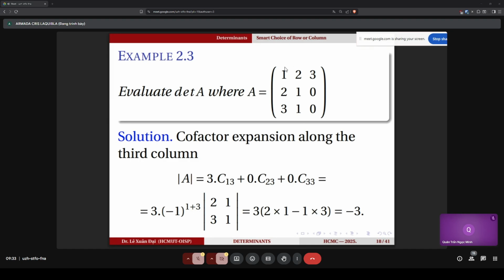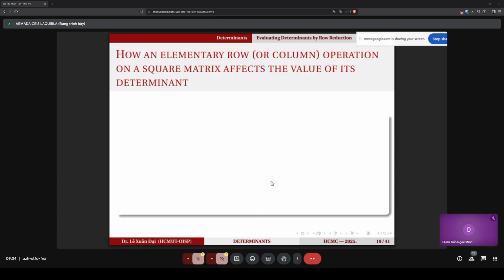Now remove the third column and the first row. You have here 2, 1, 3, 1. Remaining numbers, 2 times 1 minus 3 times 1, and the answer is negative 3. Okay? So it's very fast to solve if you pick those rows or columns with the most zeros.